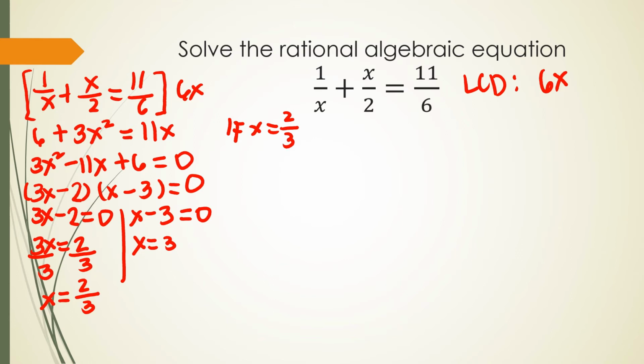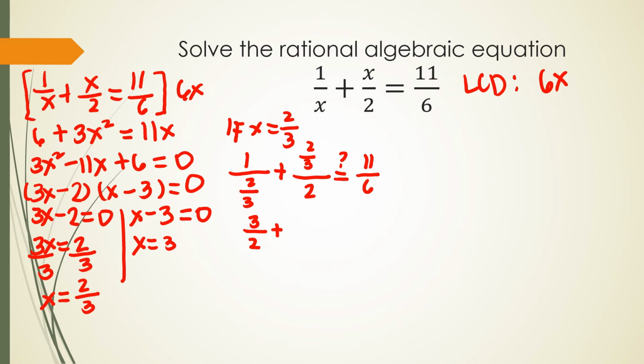So, we have 1 over 2/3 plus 2/3 over 2 is it equal to 11 over 6? So, 1 over 2/3, so get the reciprocal of 2/3, that is 3/2. Times 1, we have 3/2 plus 2/3 divided by 2.